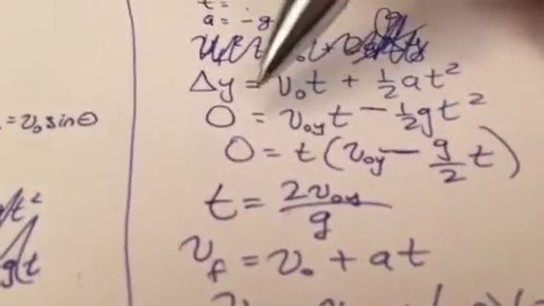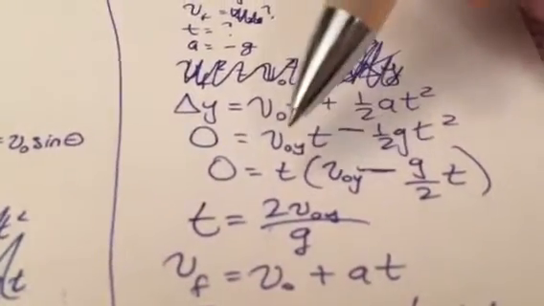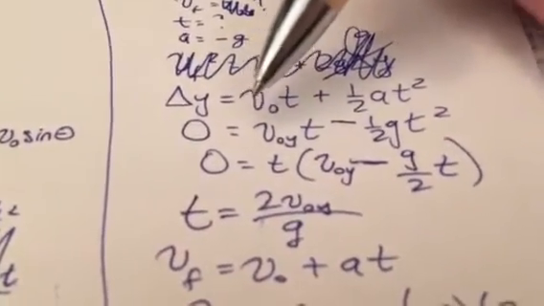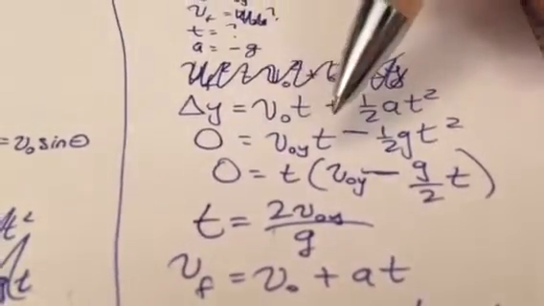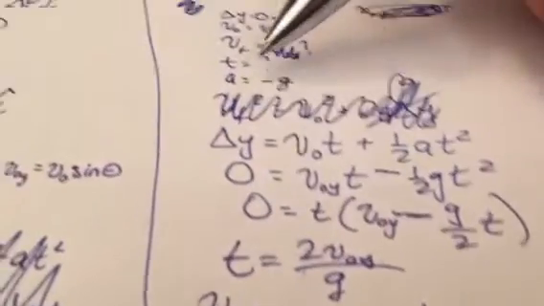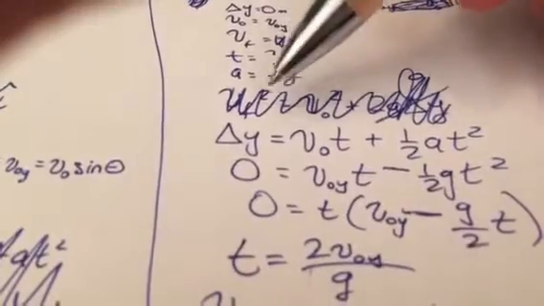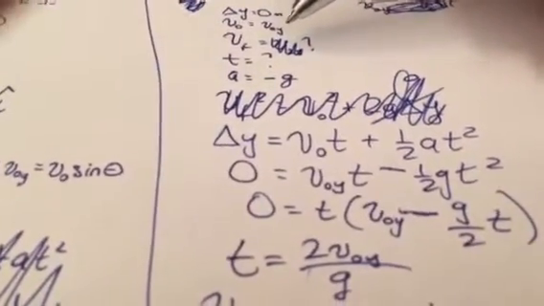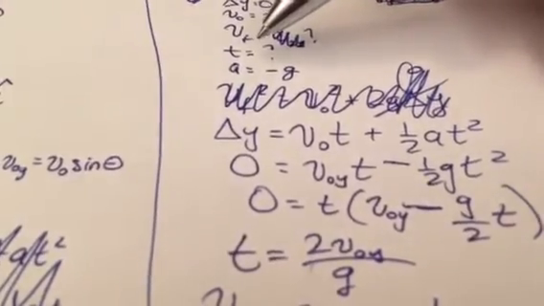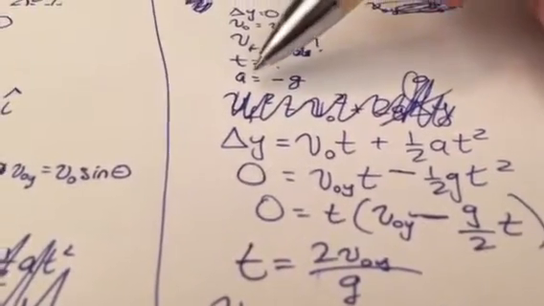So we need to find what that is, and with kinematics we can. Using this kinematic again, we can find time. We are going to find when change in y is equal to 0 meters. Velocity naught in the y direction is equal to velocity naught sine theta. Velocity final we don't know. Time we don't know. Acceleration is negative g because it's in the y direction.